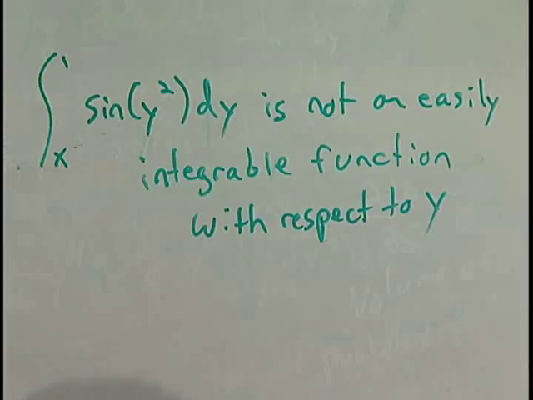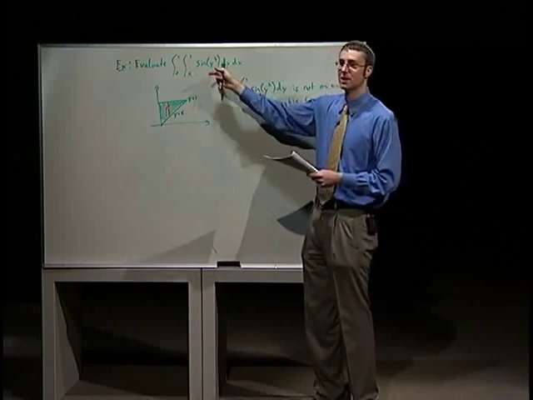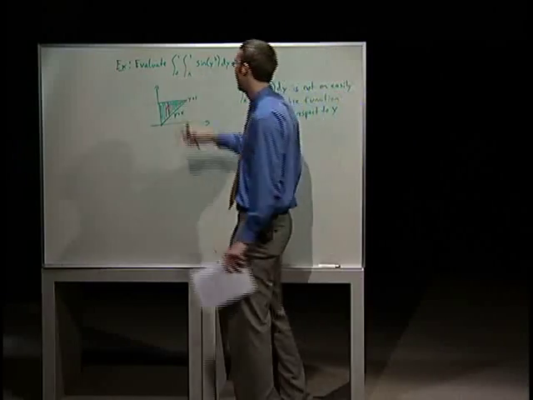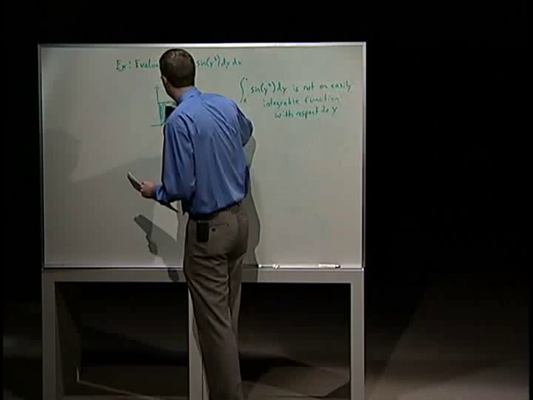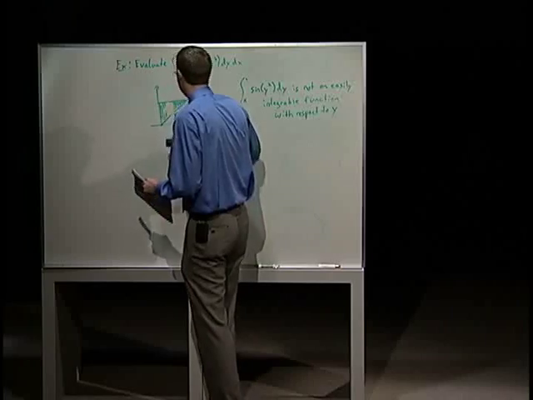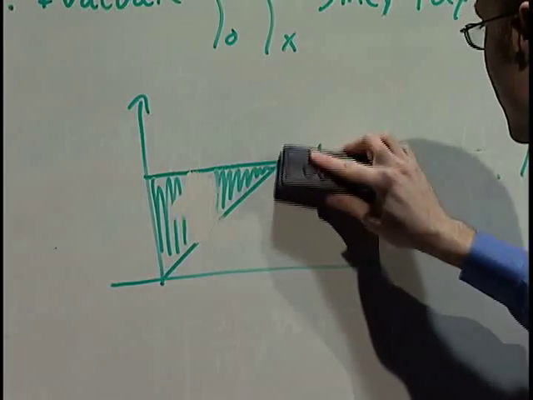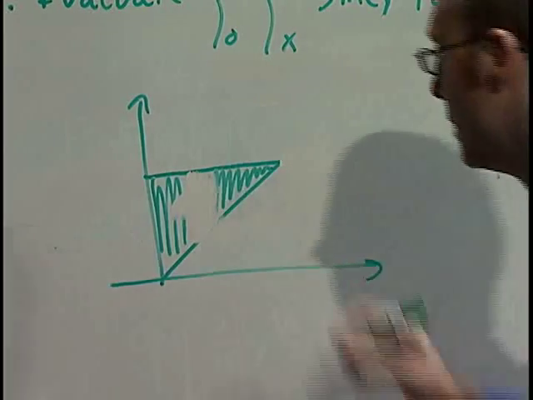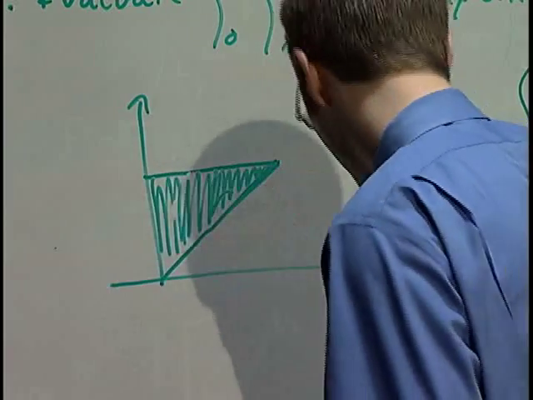So let's try to reverse these limits of integration, because if we integrate with respect to x, this is just a constant. Let me erase my arrow in there and erase the curves. Instead of going the direction we went before from top to bottom, let's go left to right.